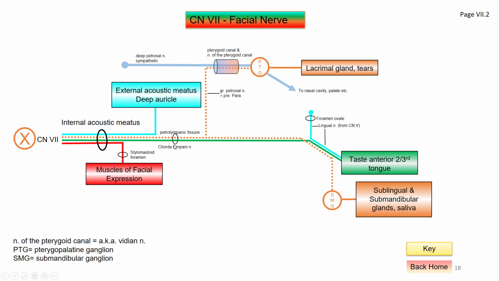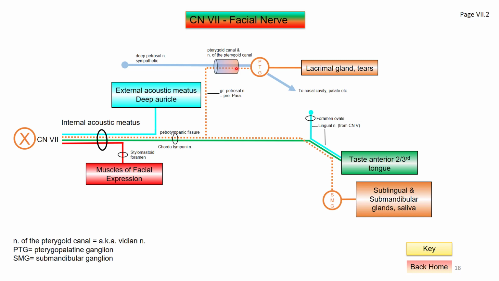We have another nerve coming off called the chorda tympani. The chorda tympani is going to be the part of the facial nerve that carries your special sensory taste fibers and your parasympathetic fibers. You do have a side branch though, which is called the greater petrosal nerve. That's another part of the facial nerve that carries parasympathetic fibers.